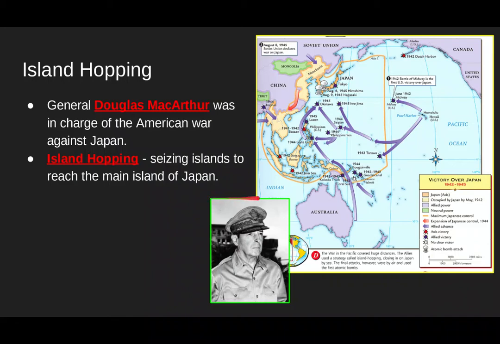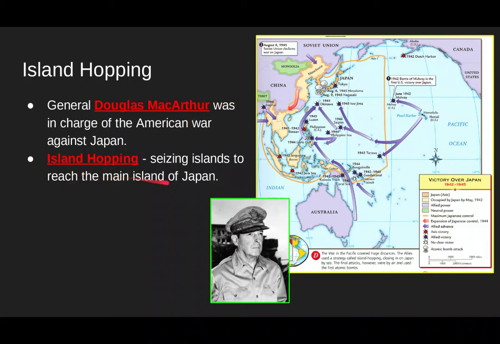Part of this plan was skipping over those islands that were most heavily defended by the Japanese, skipping over them to the more lightly defended islands, thus cutting off some of those other islands from the Japanese homeland, and also helping the United States get closer and closer so they can use some of these islands closer to Japan to start launching attacks on the main island of Japan, primarily bombing raids using the Army Air Force to start bombing some of the cities of Japan, but also claim some of the islands closer to Japan that could then be used in the event that the Americans might need to actually invade Japan, much like they had to invade Europe there on the beaches of Normandy in France.